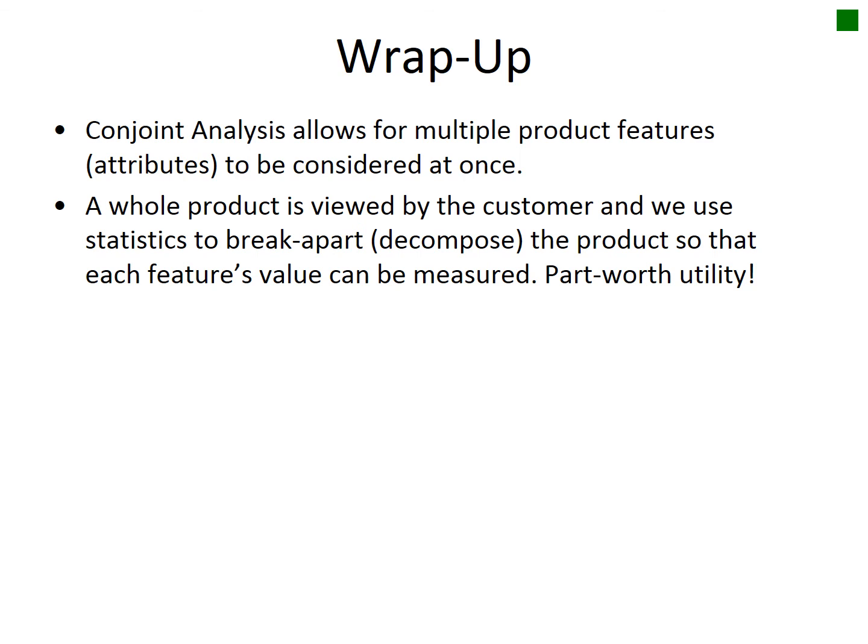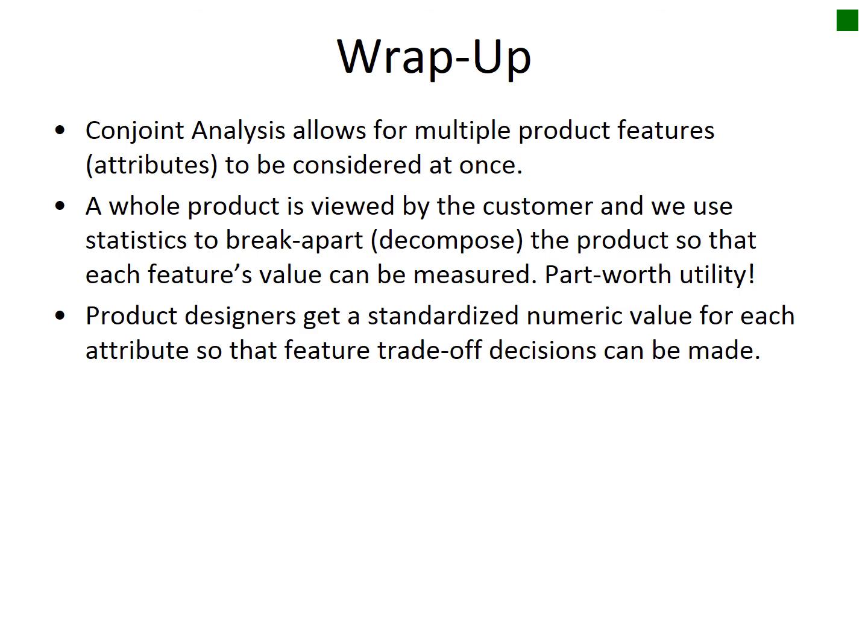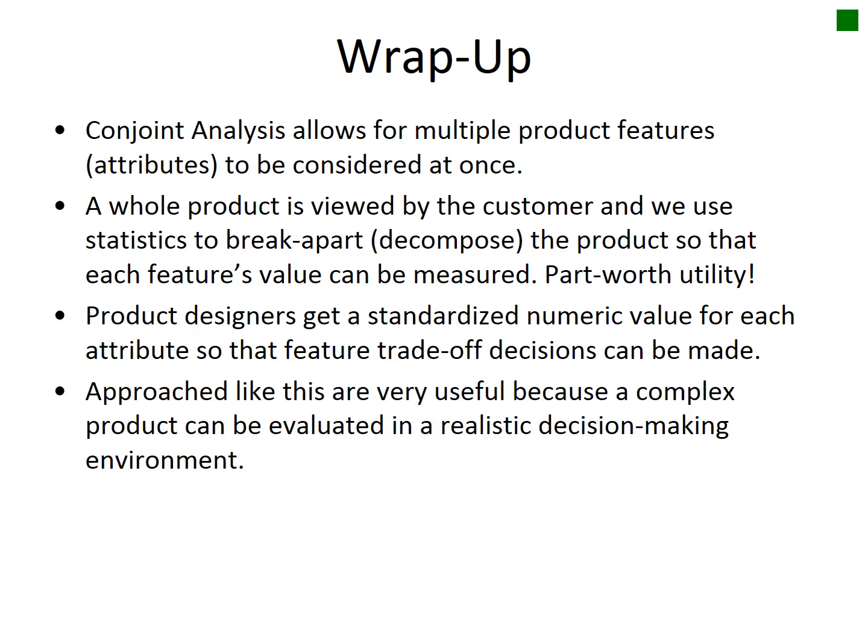It breaks apart or decomposes a product into many different features and then different levels of the features and provides an actual numeric score that shows how valuable each level of each attribute is. And remember, that's called a part worth or utility score. These scores are standardized so that they can be compared across each other. So when you raise one, you may be lowering another and so forth. So they're comparable and they're standardized.